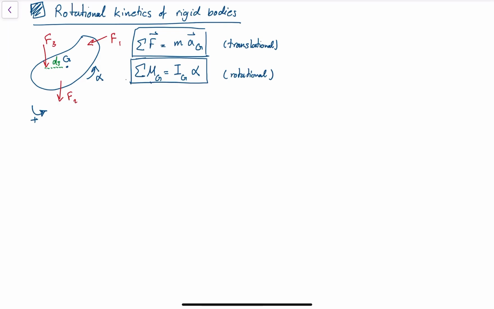This equation works only about the center of mass. So this equation in principle is only valid when you calculate all your moments about the center of mass and your moment of inertia about the center of mass. Let me write it better. This bothers me.